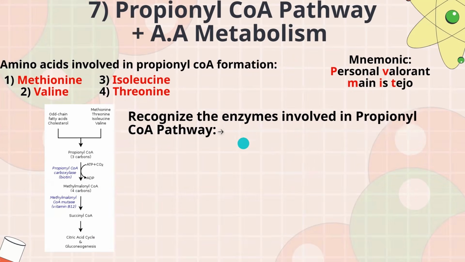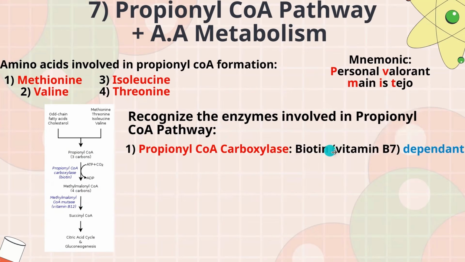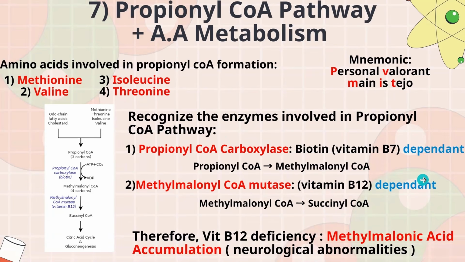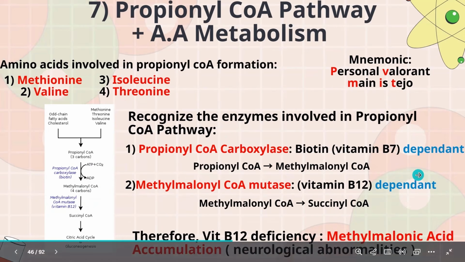So recognize the enzymes, vitamin B7 dependent, and so on. Therefore, vitamin B12 deficiency will cause methylmalonic acid accumulation, which causes neurological abnormalities because you have a lot of methylmalonyl CoA.